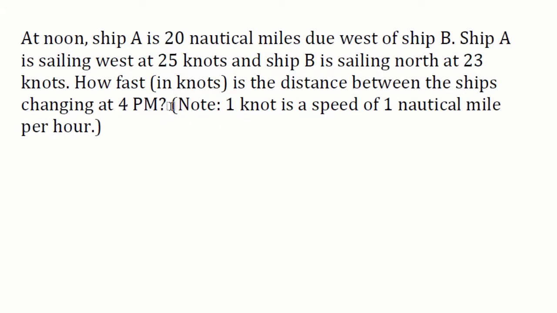Okay, and so there's a little note here to explain what a knot is. So 1 knot is a speed of 1 nautical mile per hour. But I also need to further clarify that. A nautical mile is a term that the sailors are using.